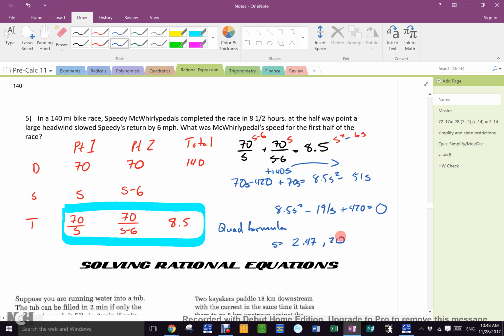No, or he never would have finished the race. So it has to be 20. Does everybody understand? Please notice we're getting into a bit of crossover with physics here. If you've taken physics, this shouldn't be news to you. Remember, we're always looking at fractions because it's rational expressions. We're trying to complete whole things.